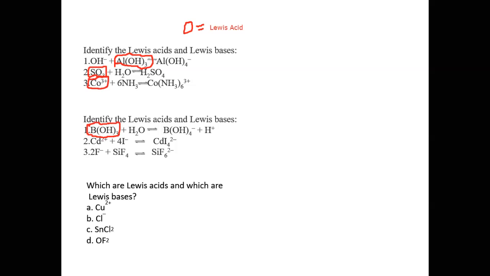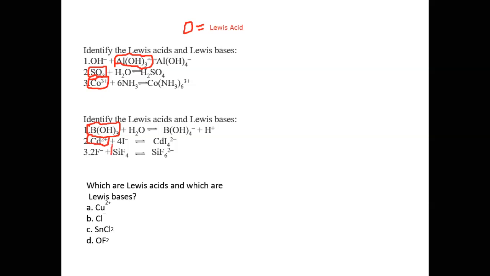In number 2, we have cadmium 2 plus and iodide. Cadmium 2 plus is the Lewis acid, the transition metal cation. And then number 3, silicon tetrafluoride and fluoride. Well, fluoride is an anion. It has accessible lone pairs of electrons.